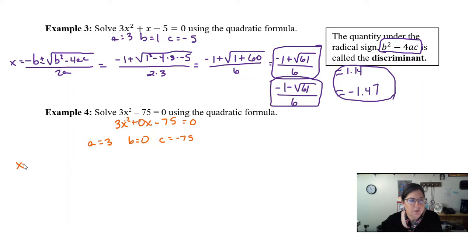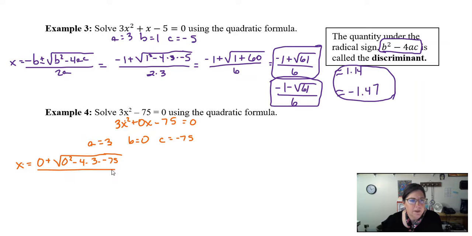So x equals the opposite of B. Since B is 0, 0 is neutral. There's no opposite of it, so it's just going to stay 0. Plus square root. B squared would be 0 squared minus 4 times A times negative 75.